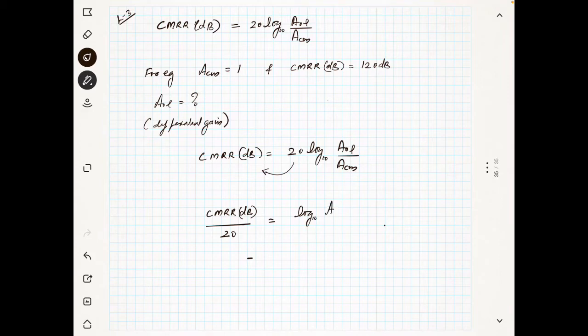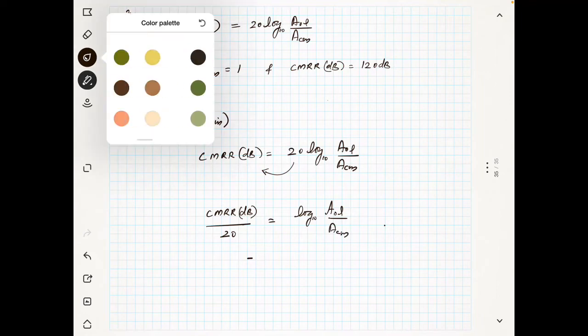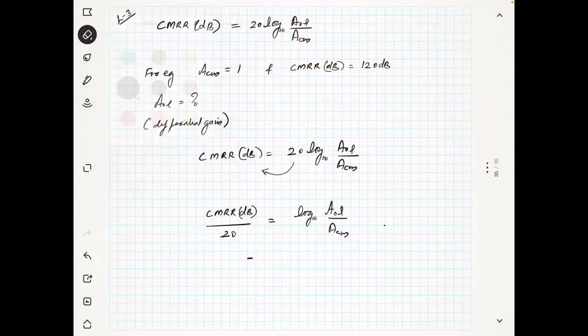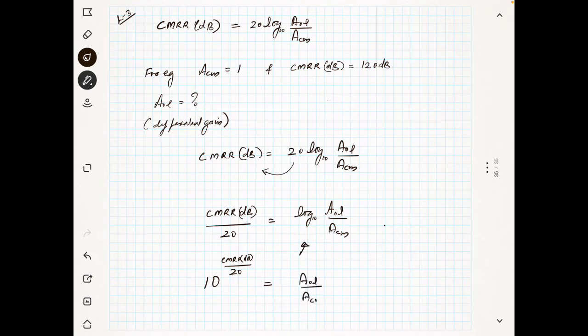AOL by ACM. So I will take 10 power on both sides to convert to the original value. 10 power common mode rejection ratio in dB divided by 20 is equal to just AOL by ACM.